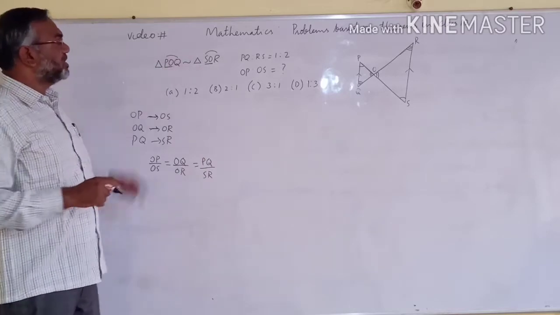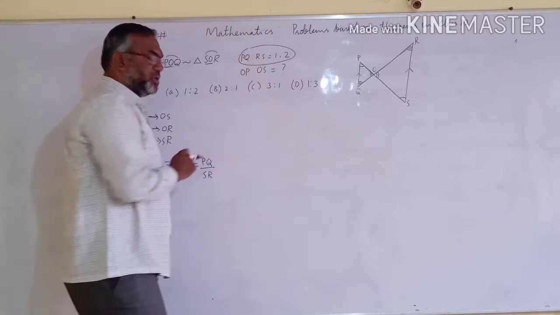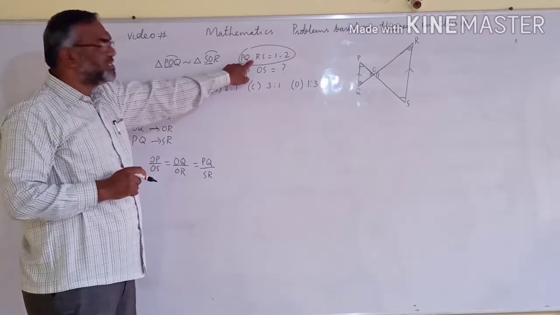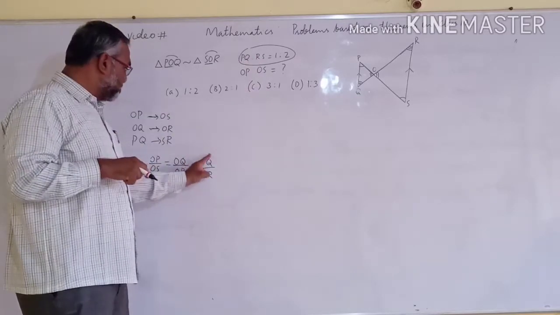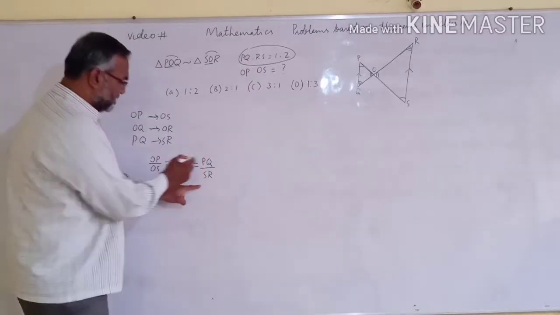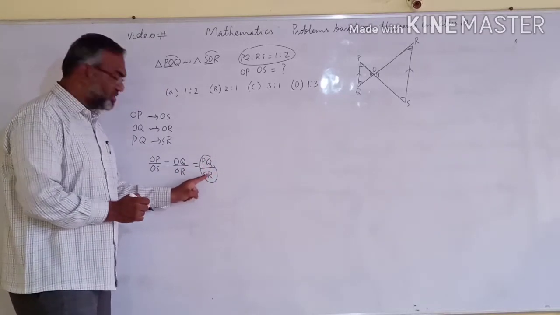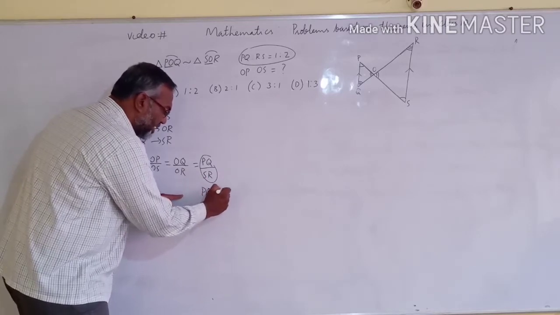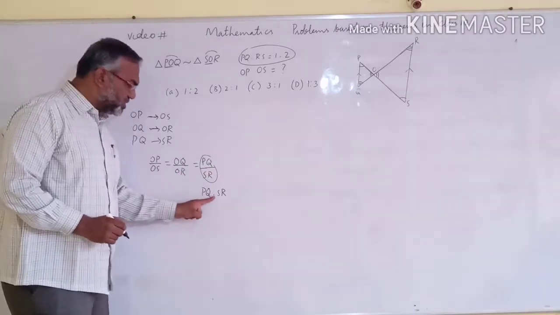Now here in the question, this ratio is given. PQ by RS, PQ divided by RS. It is the same as PQ is to SR. Divide means is to.